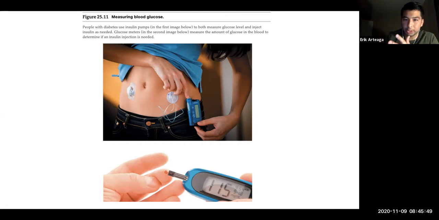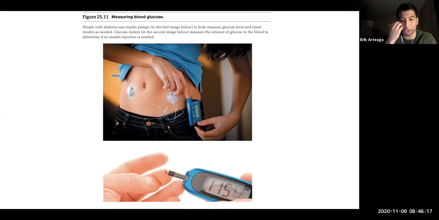So glucose meters measure the amount of glucose in the blood and determine if an insulin injection is needed. Again, here you have an individual pricking their finger, pushing the blood out, and then checking the amount of sugar that's present in the blood. Okay, and it's measured in milligrams per deciliter. Okay, in normal, I think fasting glucose is around 90.